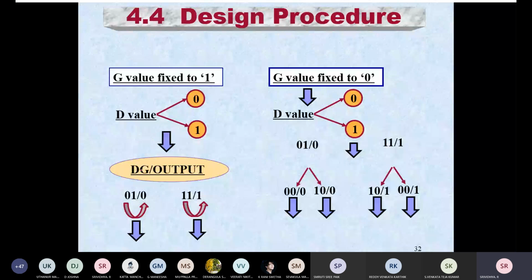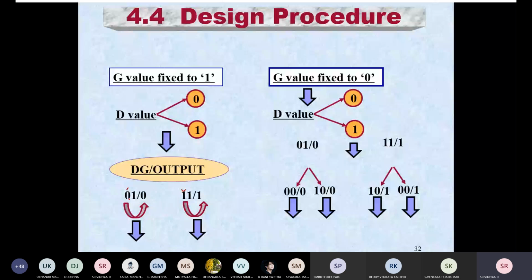Now see here, how we are going to write the states is nothing but DG slash output. In this condition, the G value is fixed to 1. So here I'm putting 1, and here also I'm putting 1. Now D can take the value of 0 or 1. This is G, this is D, and this is your output. D can take the value of 0 or 1, and G is fixed to 1.